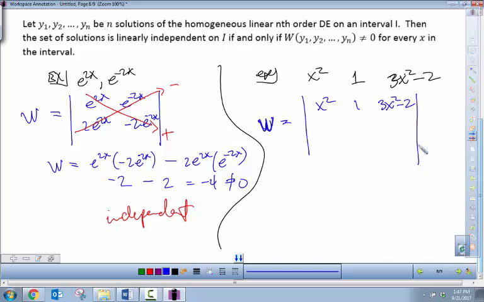So let's set it up the same way. We're going to write down the functions on top, and then we'll take derivatives after that. So 2x, derivative of 1 is 0. This is going to be 6x. Yep. And then one more derivative, 2, 0, and 6.